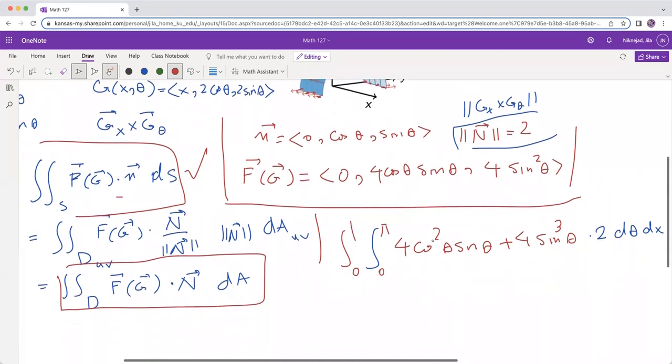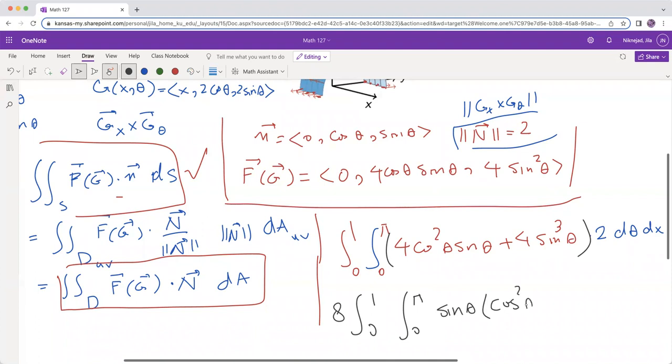Now we can compute. Let's clean up, then compute. Factoring the 4 out, you get 8 out here, integral 0 to 1, 0 to pi, and this factor is sine theta, and something nice happens: cosine squared theta plus sine squared theta.